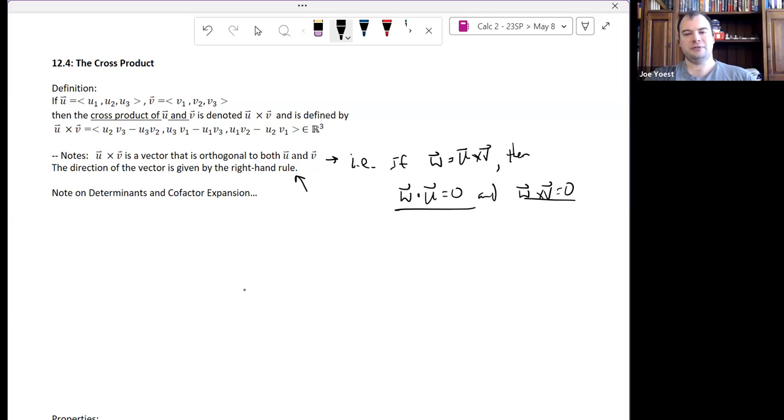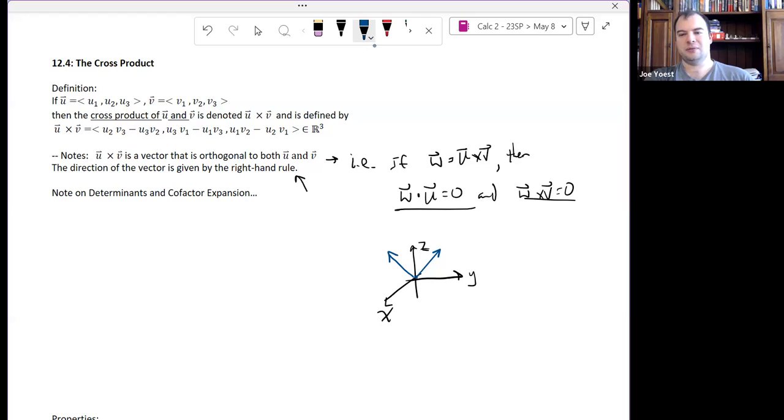So if I have two vectors, I'm in three-dimensional space, maybe I have, in my x, y, z coordinate system, maybe I have one vector like that, and I have another vector like this.